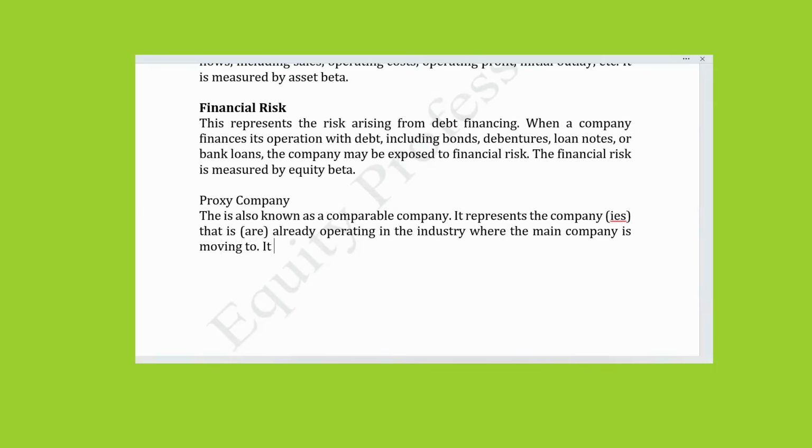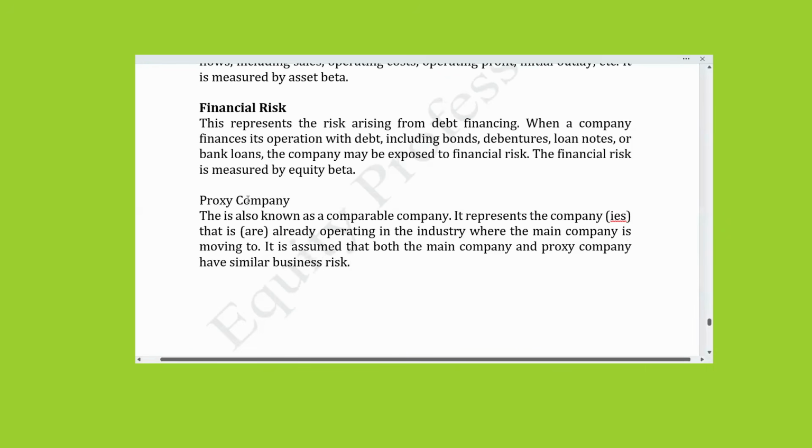It is assumed that both the main company and proxy company have similar business risk. So that's why the company is borrowing the beta of the proxy.